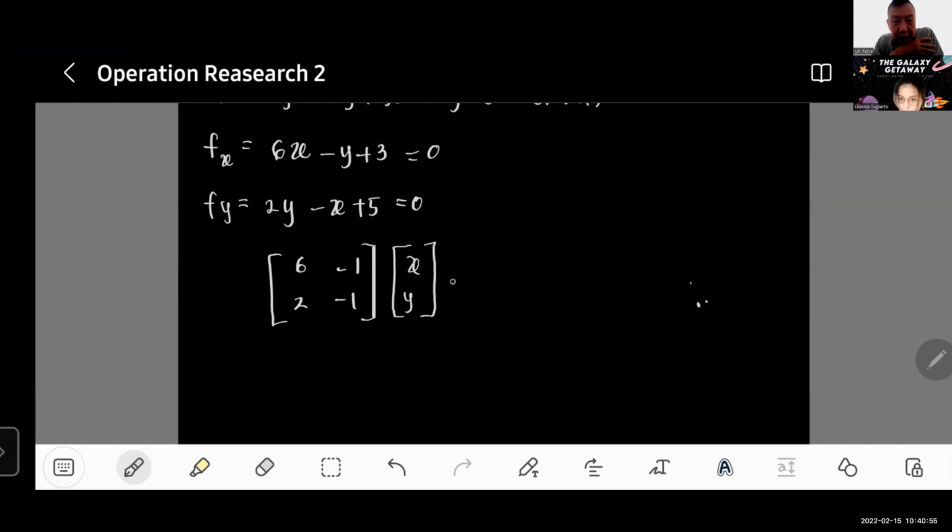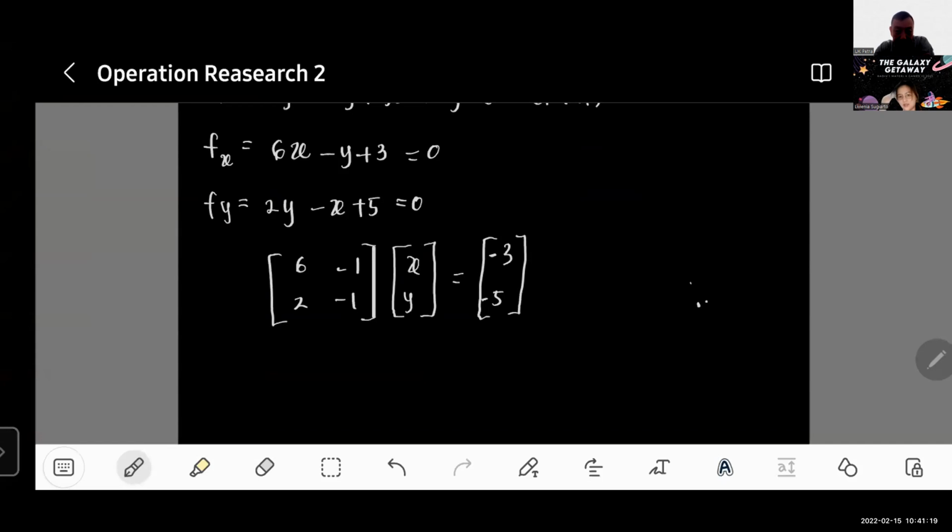That's equal to the result, the constants. But the constants you put on the right side. So it should be this.